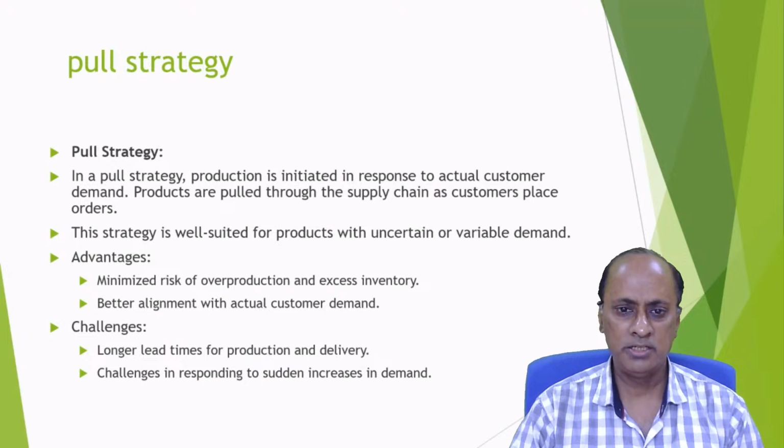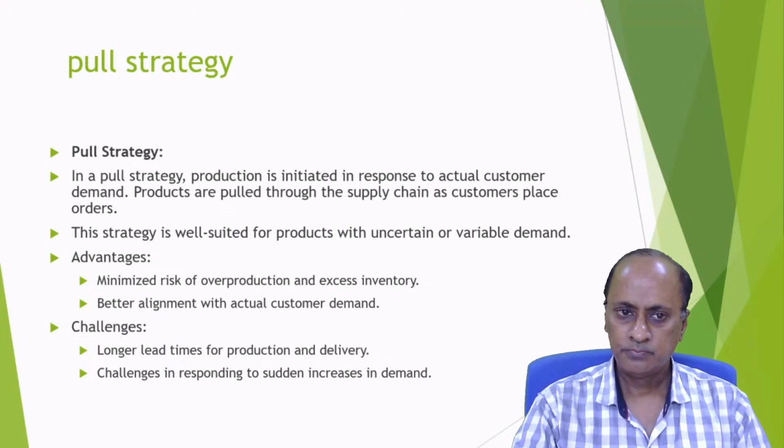Whereas in pull strategy, we wait for the consumers to place orders. Accordingly, we say produce and we pull through the supply chain. This strategy is well suited for products with uncertain and variable demand. When demand is variable and uncertain, we wait for the consumer's order.